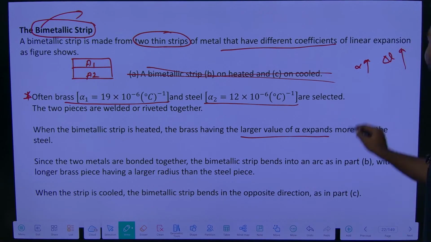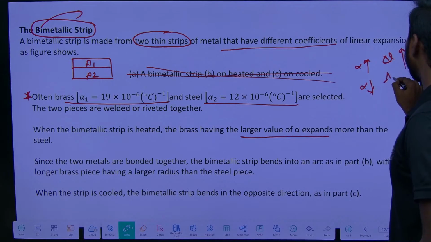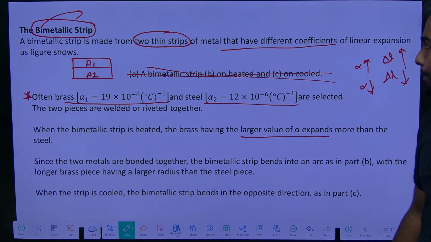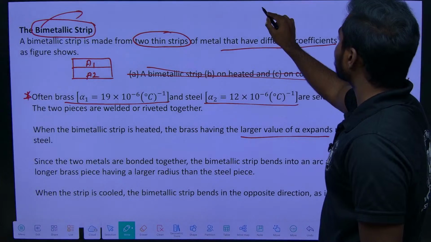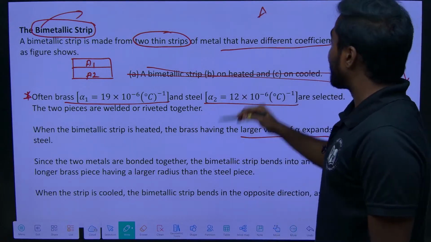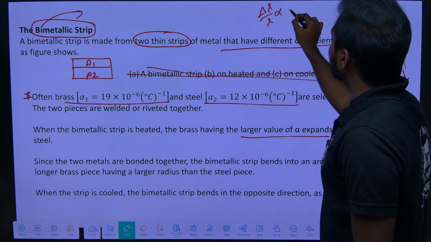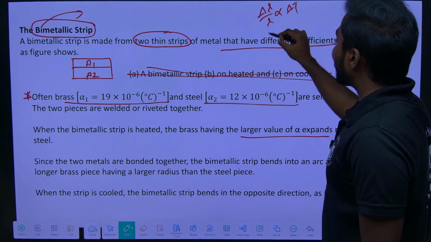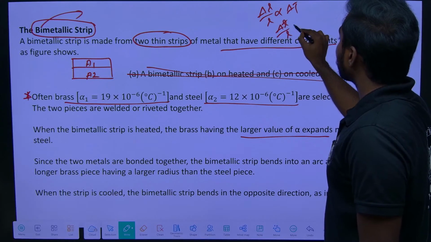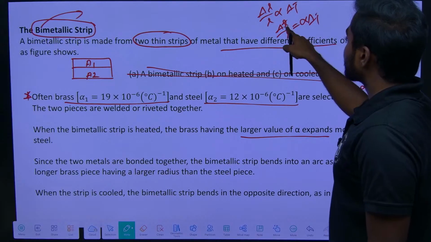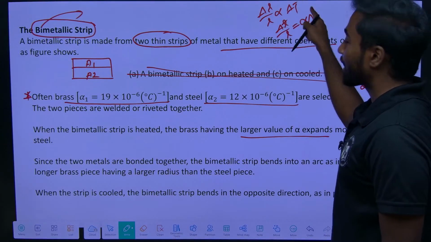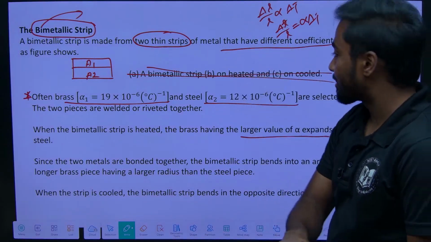If alpha value is less, delta L also will be less, because in terms of the formula, delta L by L is directly proportional to delta T, and delta L by L is equal to alpha delta T. So alpha increases, delta L increases; alpha decreases, delta L also decreases.